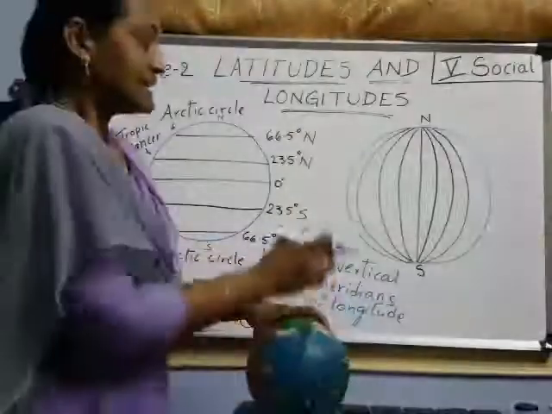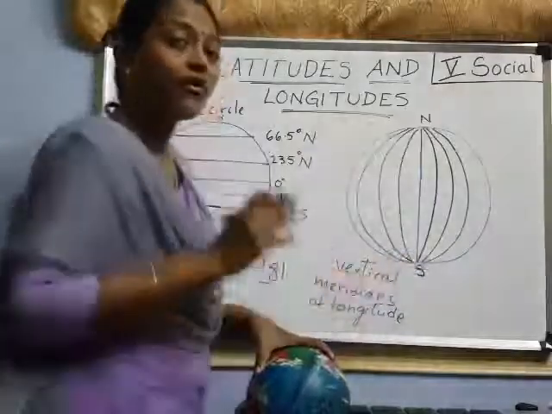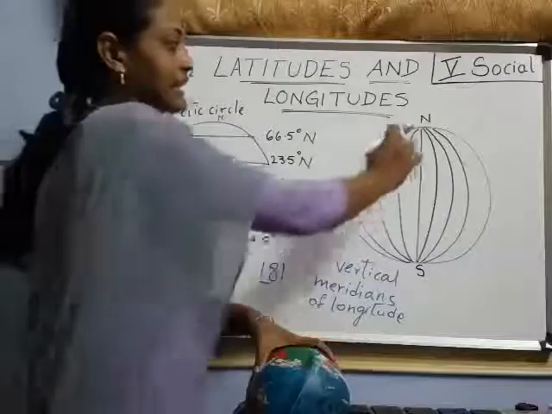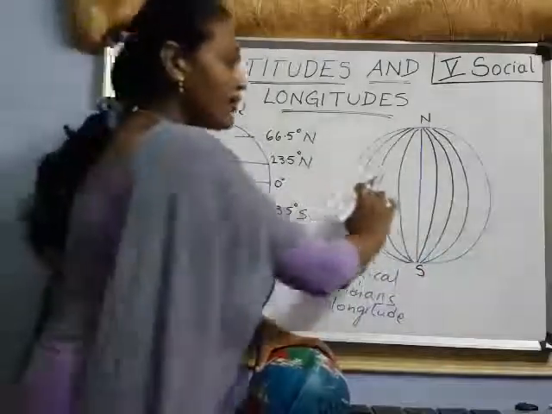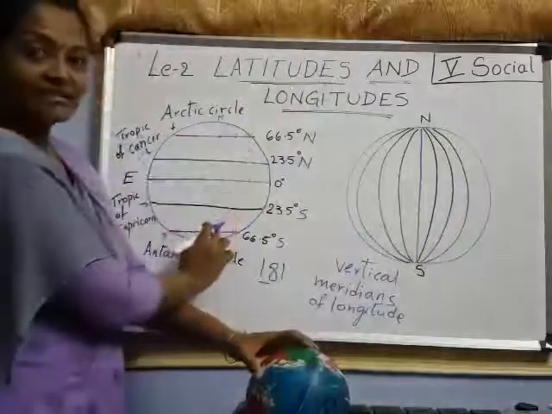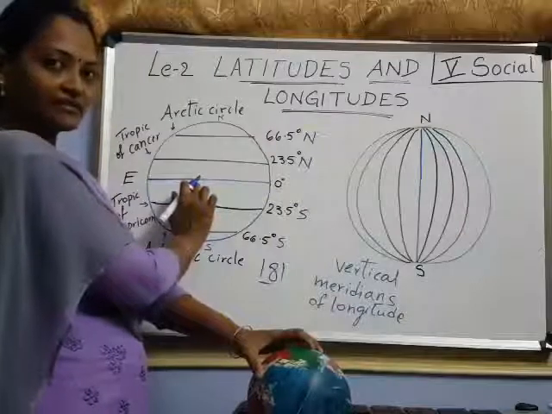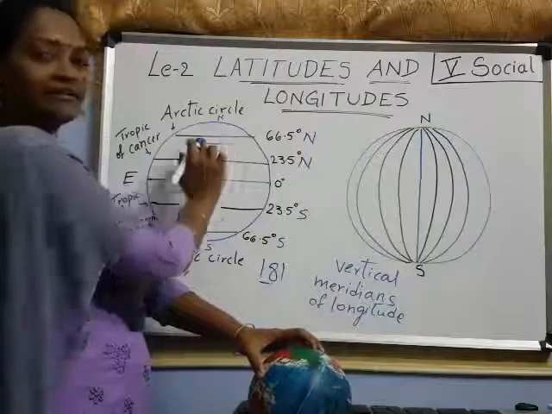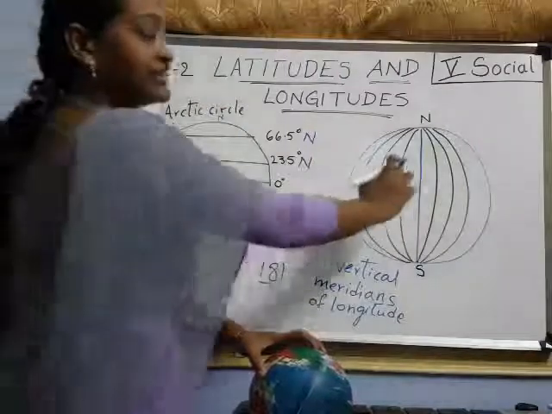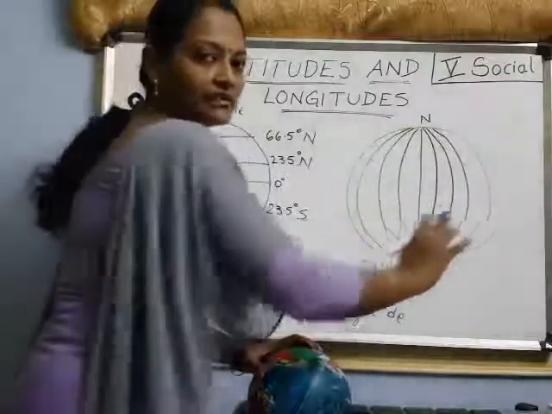Now, these lines running from north to south, all the lines' length is the same. Look here, the length of the lines is decreasing, right? At the equator, the length is more, and the line length decreases towards the poles. But here, the length of the lines is all equal, understood?